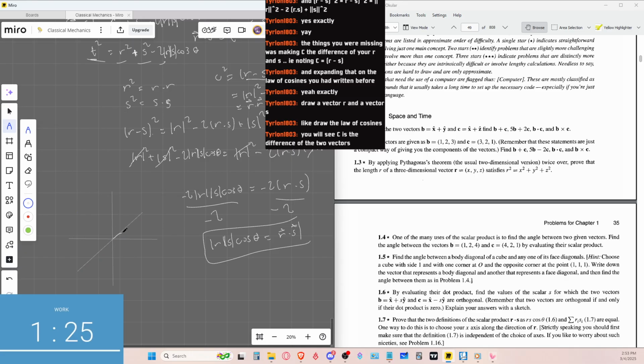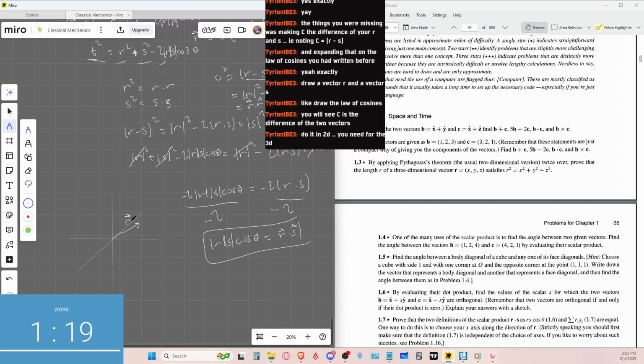Let's say we have vector R, just pointing this way. And we're supposed to have vector S, right?